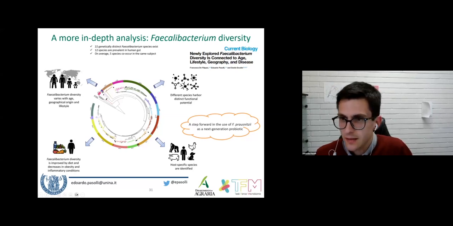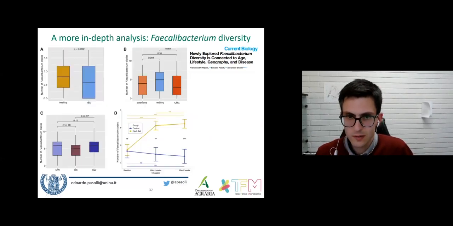Then when we linked to many different phenotypic characteristics, we found a lot of diversity in terms of age, geographical origin, and lifestyle. We saw how Faecalibacterium diversity can be improved by diet, and we also found that it decreases in obesity and inflammatory conditions. And then we also performed an integrative analysis by identifying host-specific species that we are identifying in different animals.